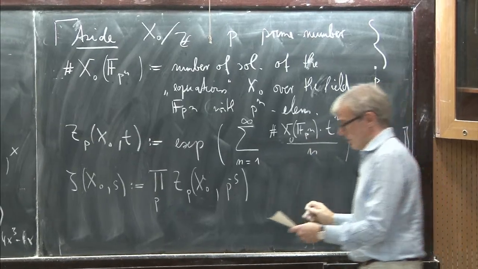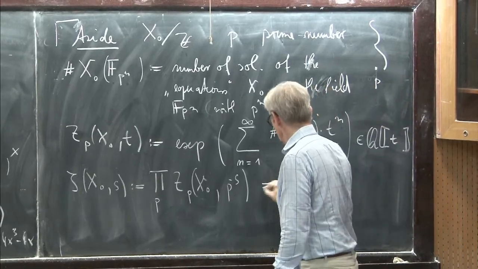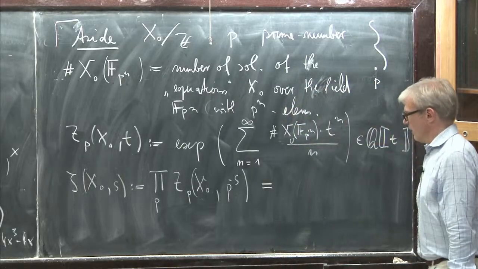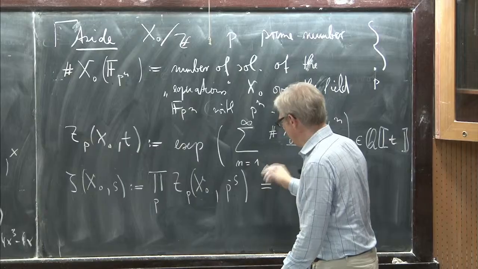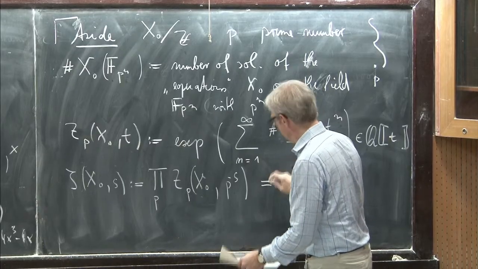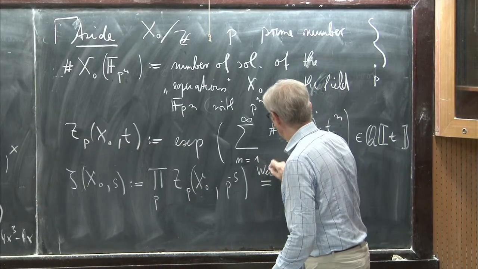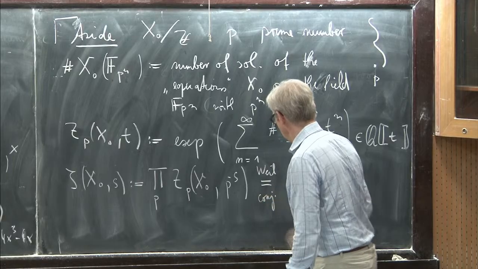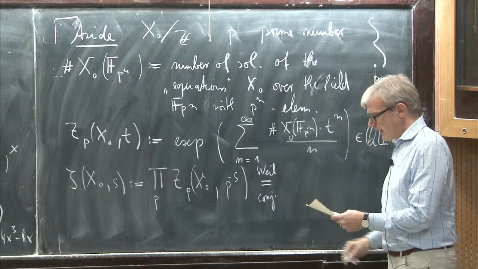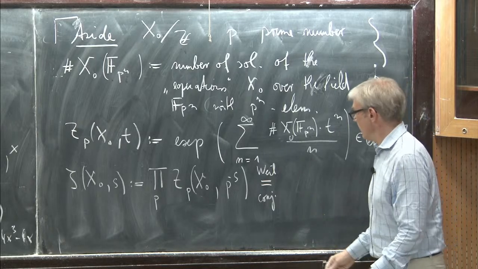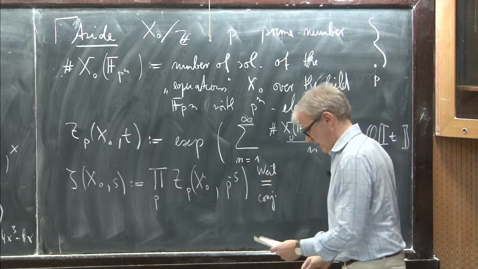So that's what the L function contains, this information for all p's together. And it turns out now, that's a very deep theorem, the Weil conjecture, proven by Deligne in 1974. You can express this in the following way.